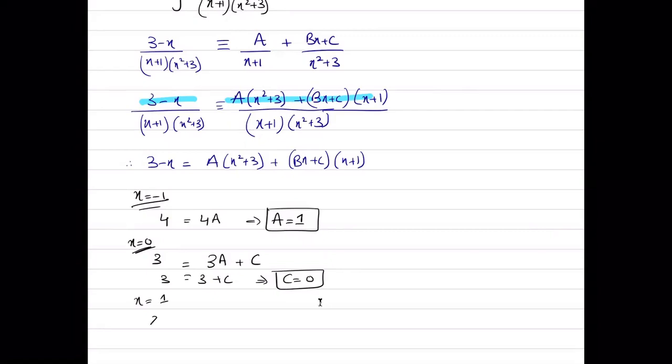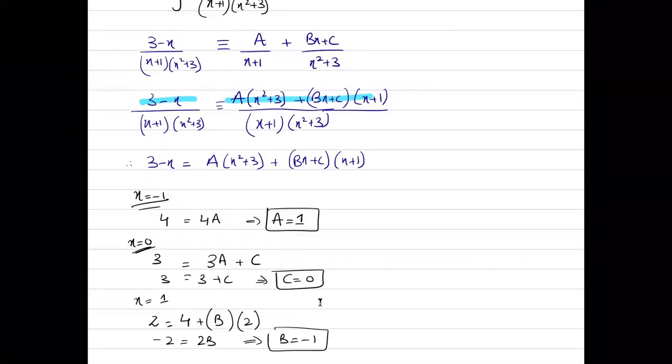So 3 minus 1 is going to be 2. 1 squared is 1, plus 3 is 4. 4 times A, which is 1, is 4. B times 1 is B. C is 0. So B times 1 plus 1 is 2. So you're going to get -2 equals 2B. Hence B is going to be -1.